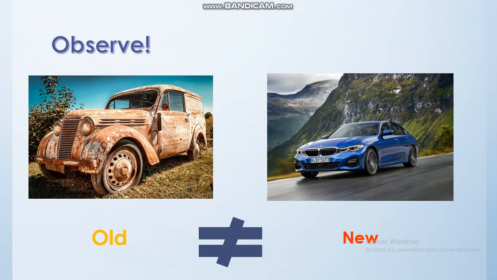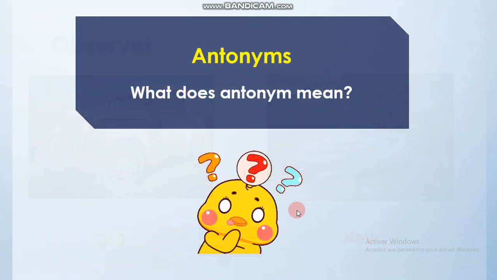So here, old and new do not have the same meaning. They have an opposite meaning. So we call them antonyms. Old is the antonym of the word new, which means they don't have the same meaning.